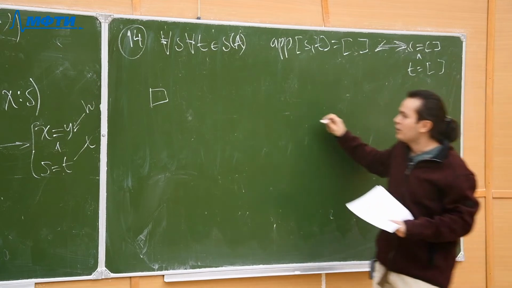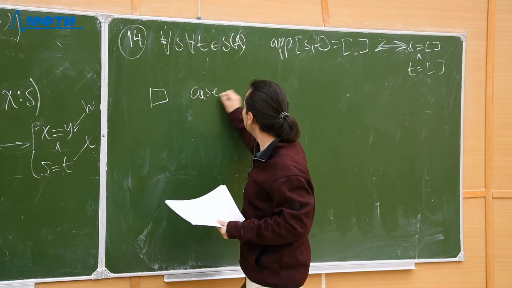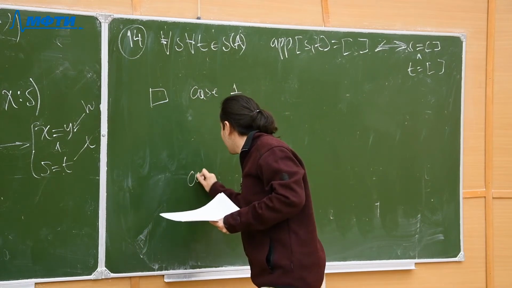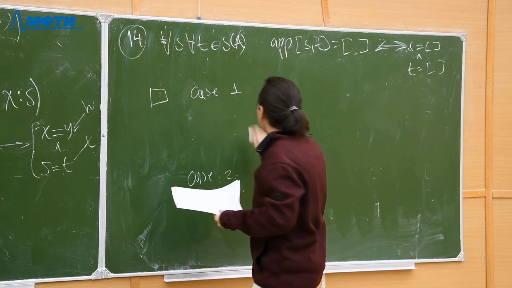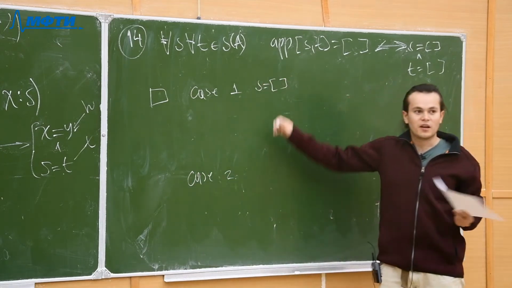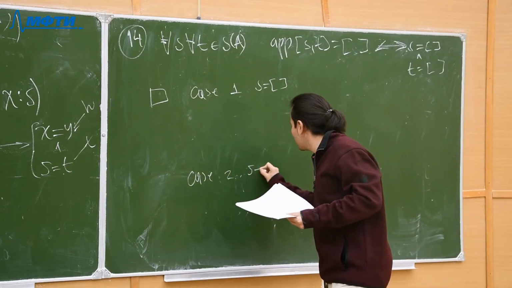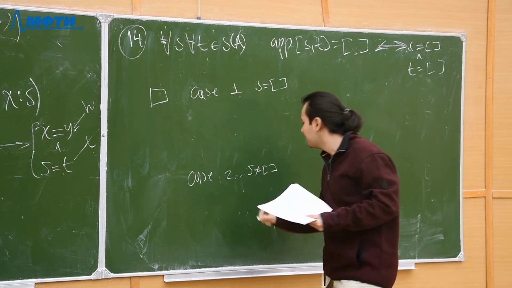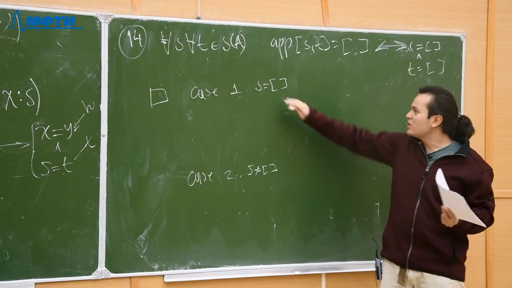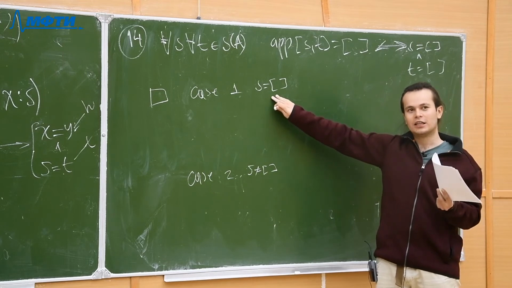So let's take just two cases. Case 1 and case 2. In this case, let's say that S is an empty string. And in this one, let's say that S is not an empty string. In the first case, what value of T should we obtain?